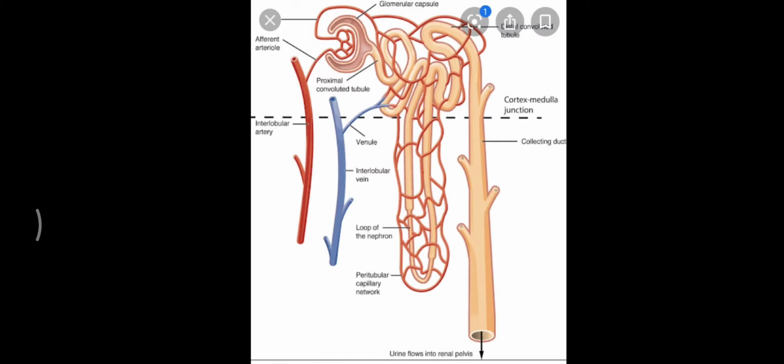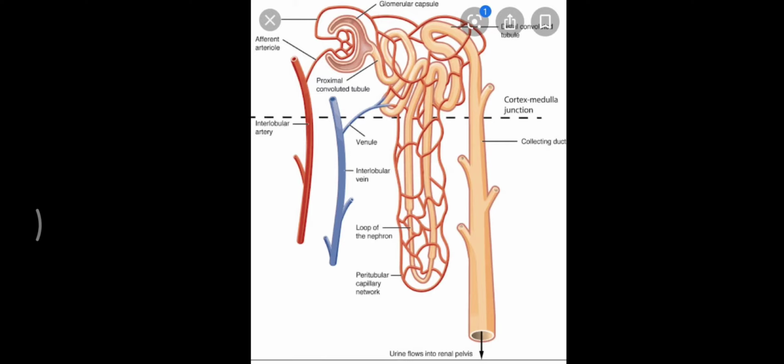The glomerulus is located in the cavity of a cup-like structure called the Bowman's capsule. Glomerulus and Bowman's capsule together are known as the Malpighian body. Every kidney has around 1 million nephrons, and these nephrons are involved in the formation of urine.